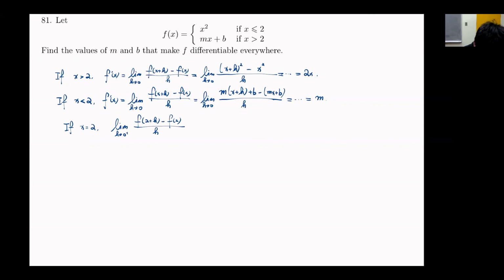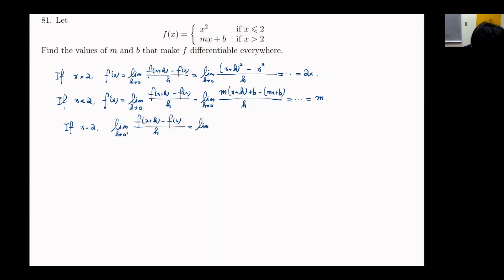Okay, so as h approaches 0 from above, 2 plus h is going to be larger than 2, so that means I need to use mx plus b for this formula over here. But on the other hand, if x equals 2, then I'm supposed to put f of 2 to be 2 squared, namely 4. All right, so that's what we should do.